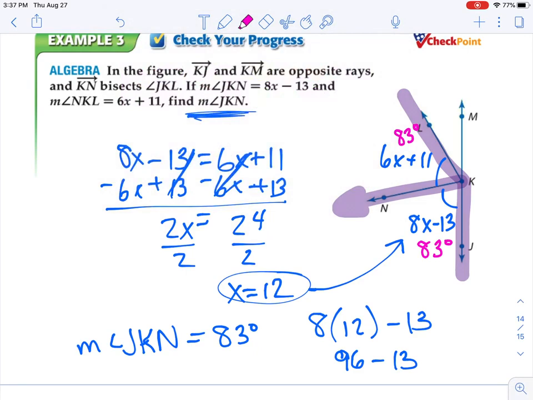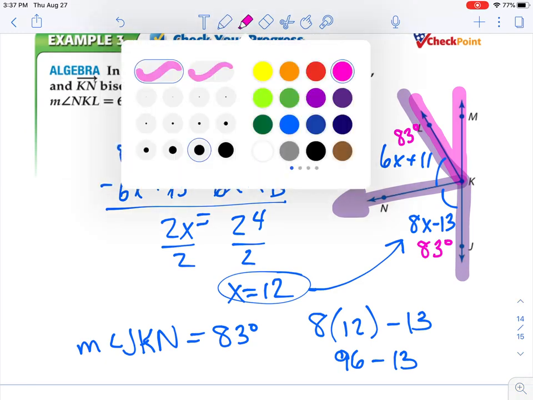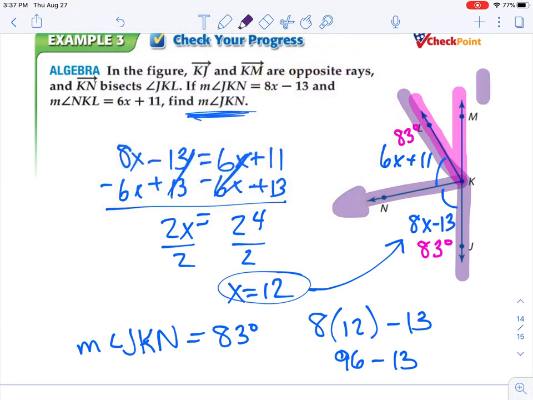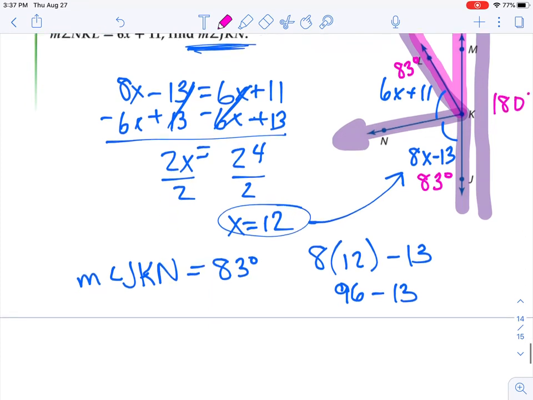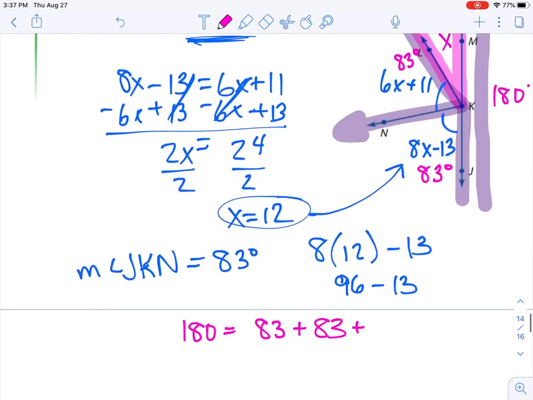A little peek into the future problems we're going to do. This guy, we will eventually have to find. It's not really that bad. We know that this angle here is 180 degrees. So we can take 180 equals 83 plus 83 plus, we don't know yet, so we'll call it x, plus x.